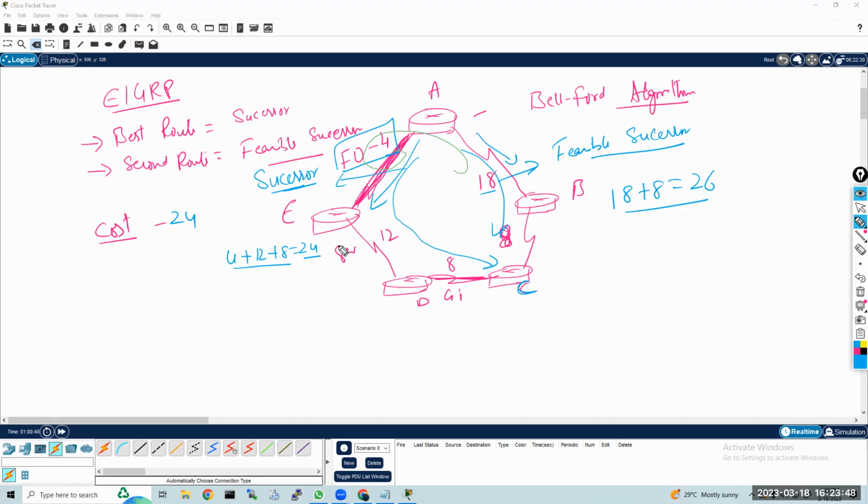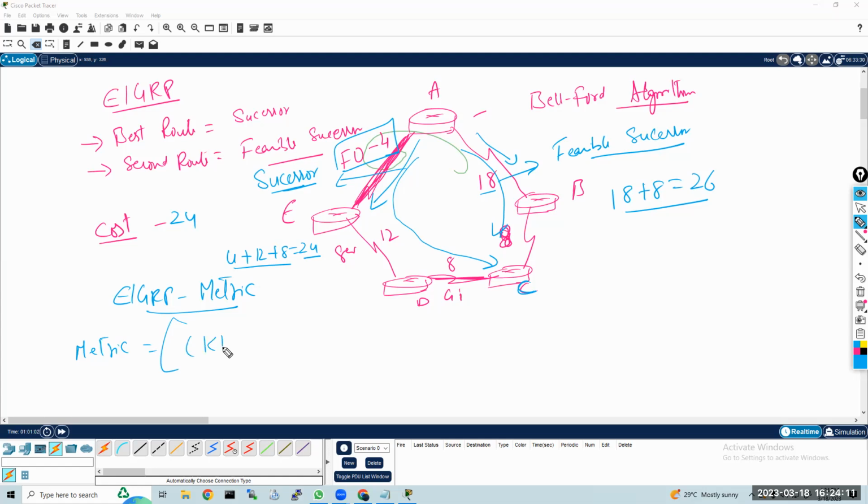Okay. Now, next thing is the EIGRP metric calculation. So how will it calculate the metric? As you know, it depends upon your K values. How it calculates is a standard formula, guys.